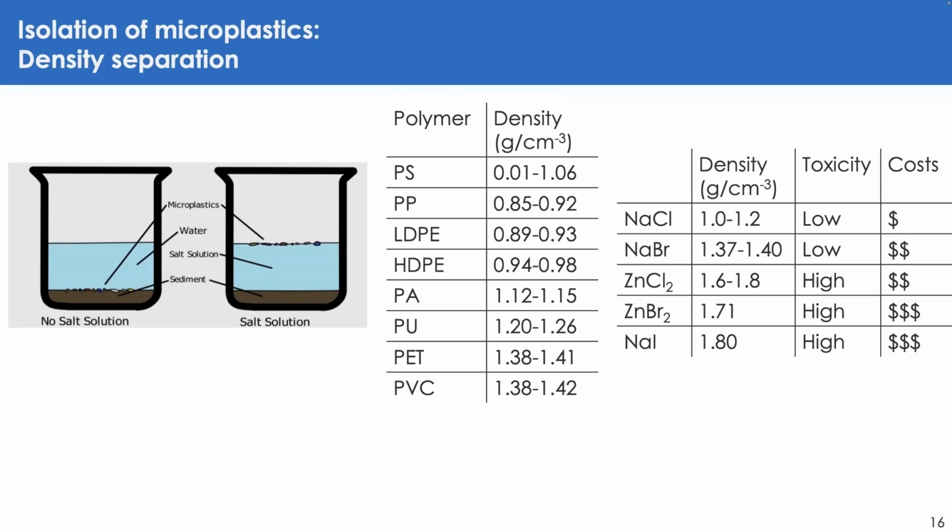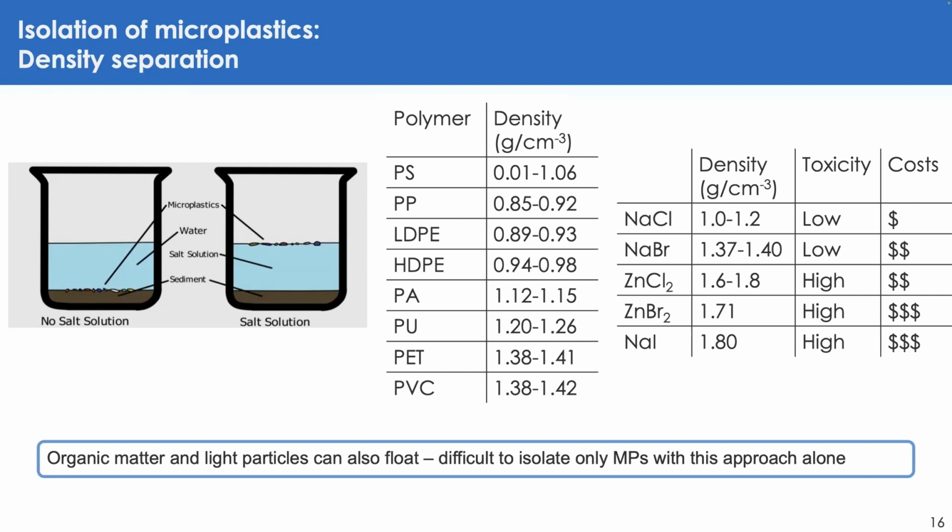However, even if you get rid of all of the sediment, the organic matter and light particles or small particles will also float in this high density matrix. So it's difficult to isolate only the microplastics with this approach because you may still have a lot of organics which are in the sample.